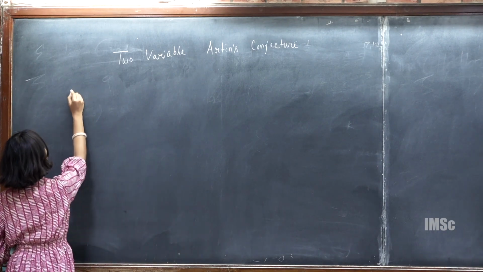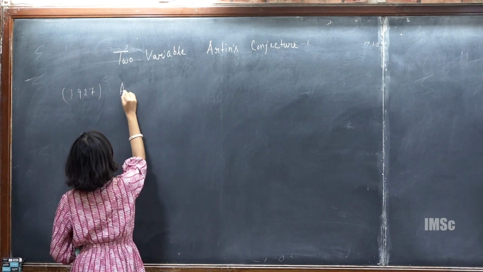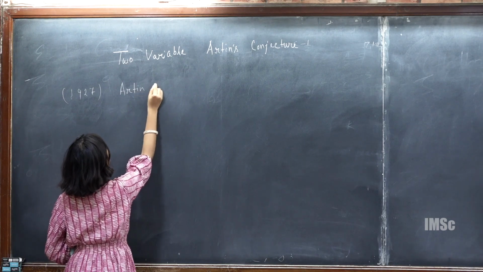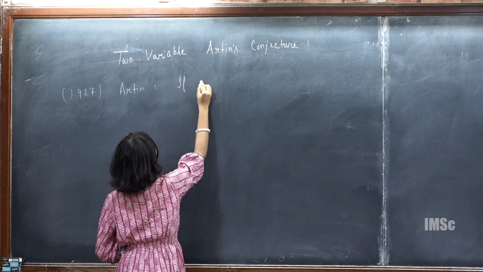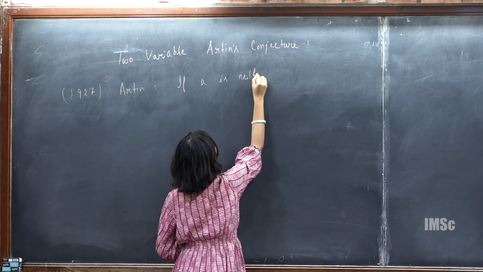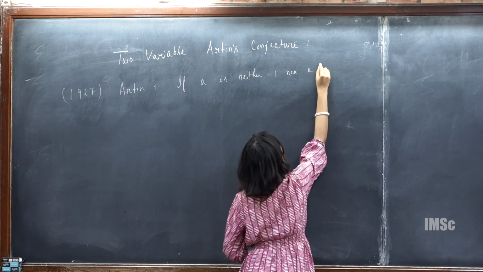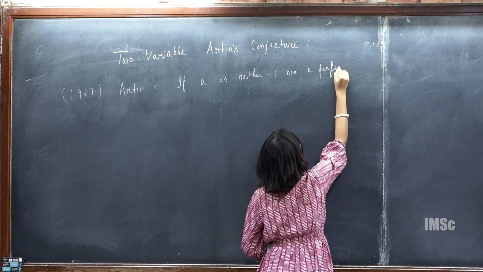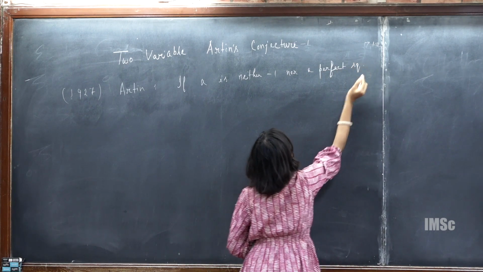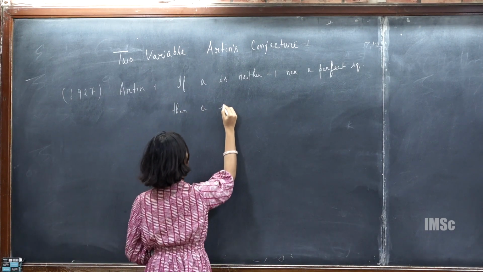In 1927, Artin conjectured that if A is neither -1 nor a perfect square, then A is a primitive root for infinitely many primes.